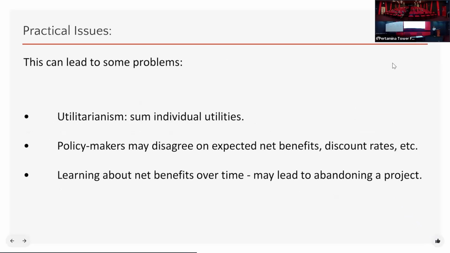One of the problems is being utilitarian, okay? So if you're utilitarian, what are you saying? You're adding utility. Utilities include a lot of individual preferences. Remember in the first lecture we talked about needs, and I told you needs, not wants.